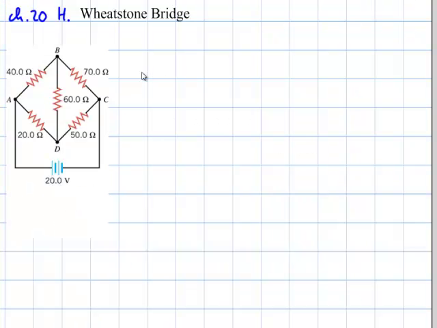Alright, as far as Kirchhoff's rules are concerned, we have a number of loops and a number of junctions, and we also have a number of variables.